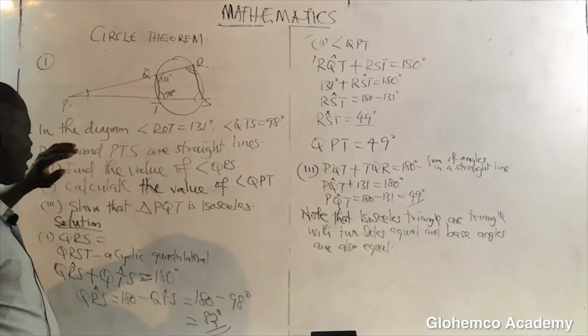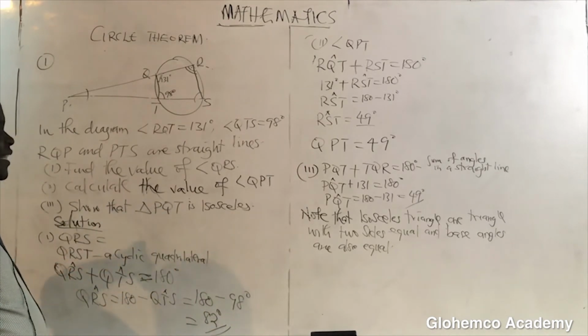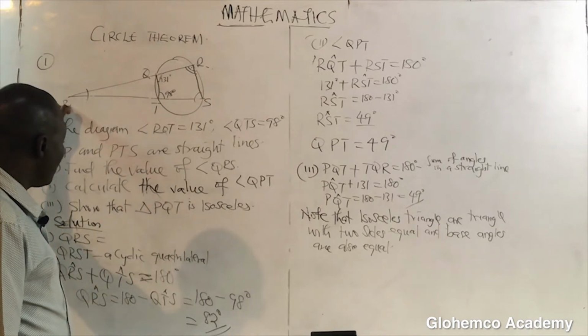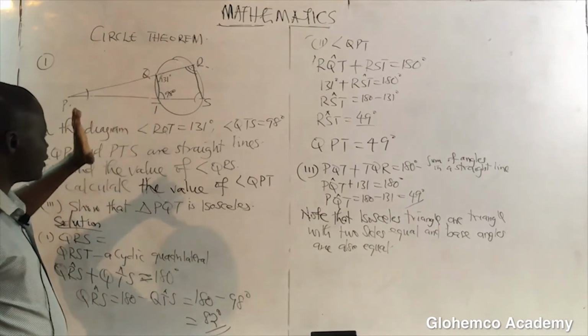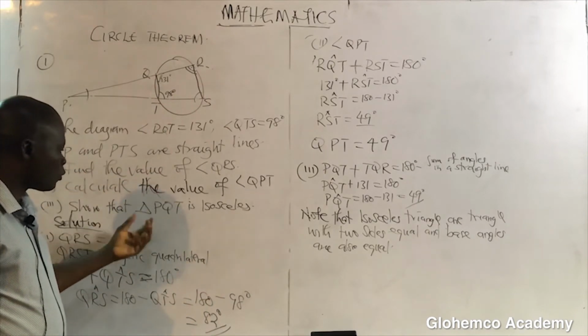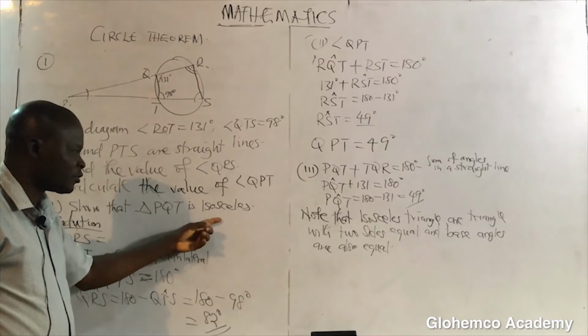The base angles are also equal. In any isosceles triangle, if truly PQT is an isosceles triangle, these are the conditions that you have to look for to confirm that it is truly an isosceles triangle.